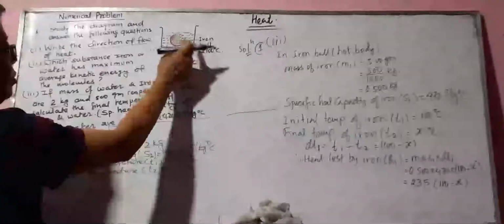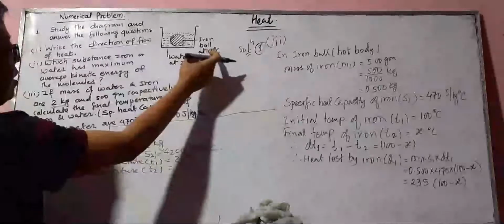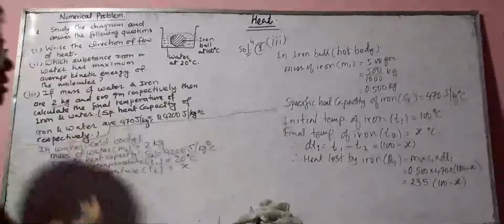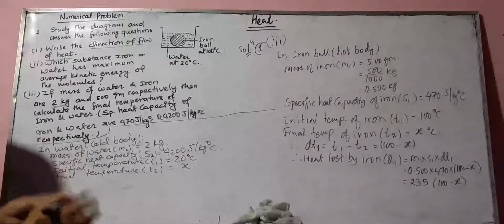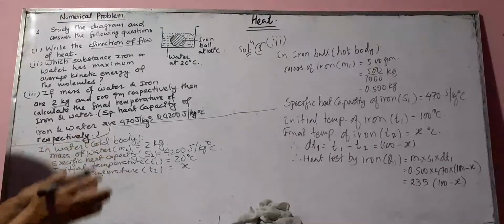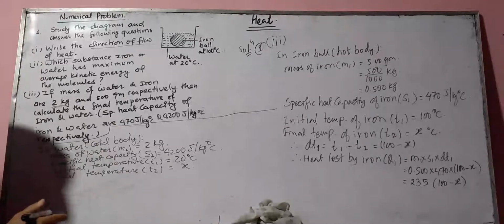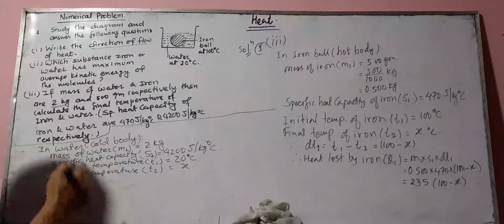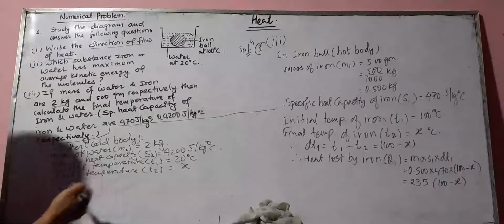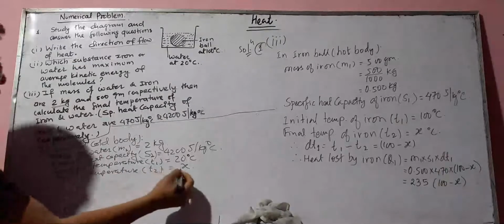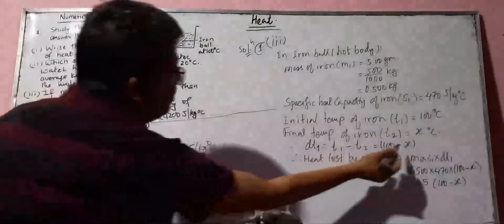The two bodies, one hot and one cold, when mixed together, after some time there is a transfer of heat and the temperature of both bodies becomes equal. So the final temperature is X for both.